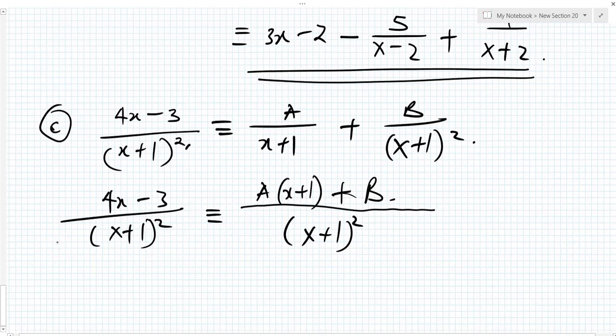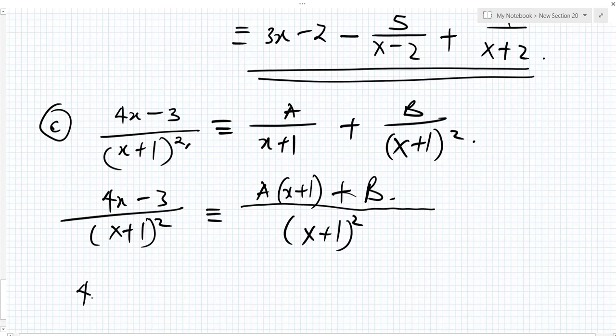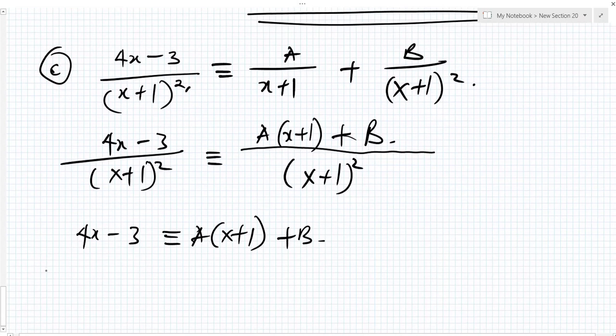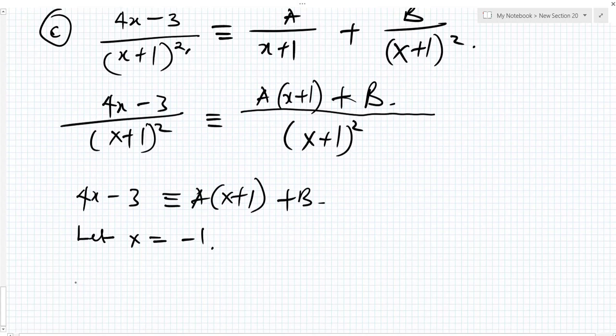So equating the numerator, you have 4x minus 3 equal to a times x plus 1 plus b. Let x equal to minus 1. So wherever I see x, I replace it with minus 1.